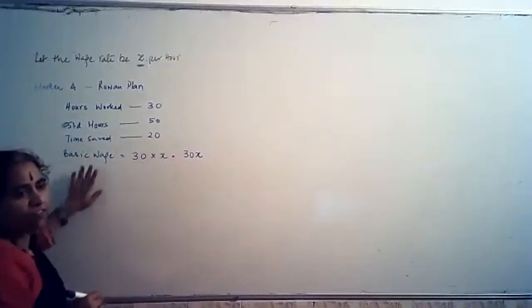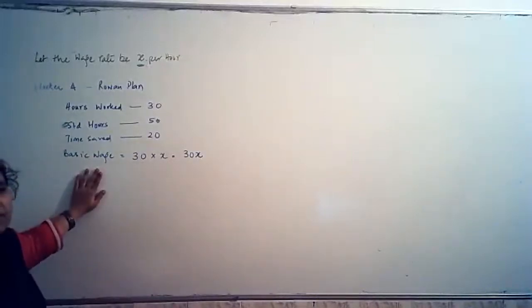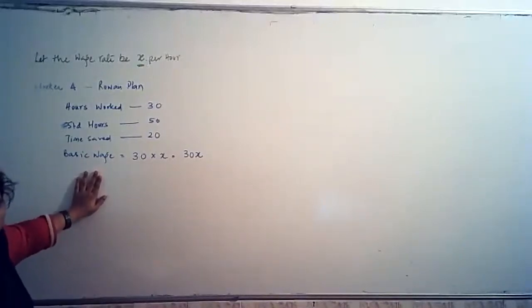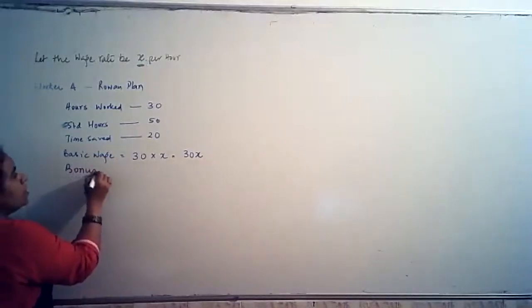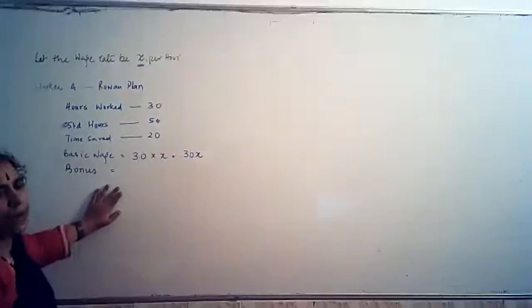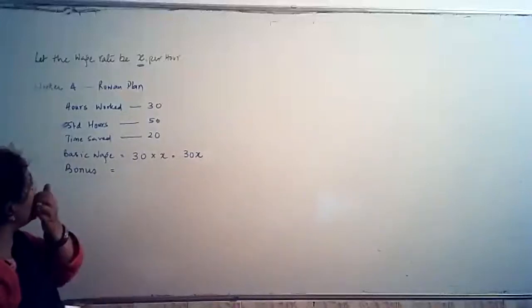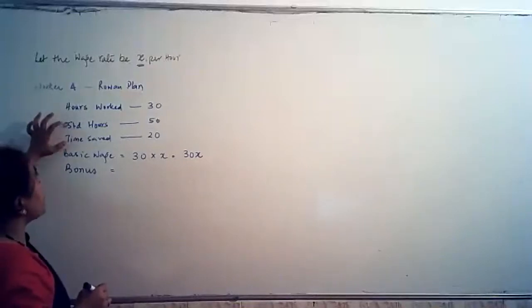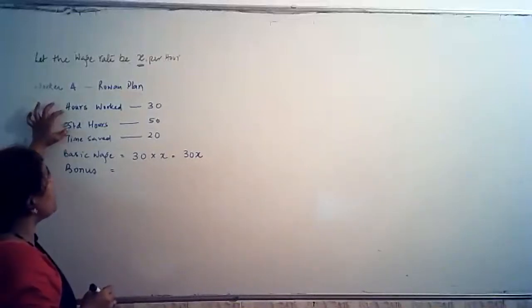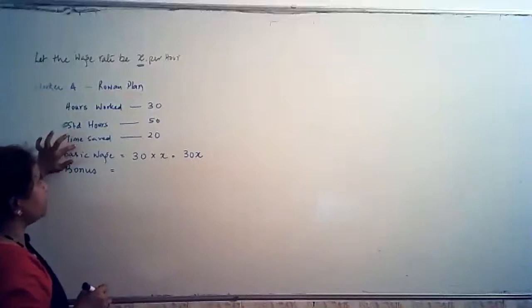30x is the basic wages which is paid to Mr. A. Now what is the bonus? Calculation of bonus. Bonus under the Rowan plan is hours worked divided by standard hours into time saved into time rate.